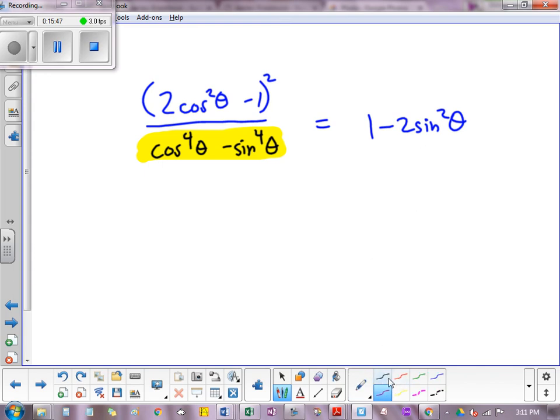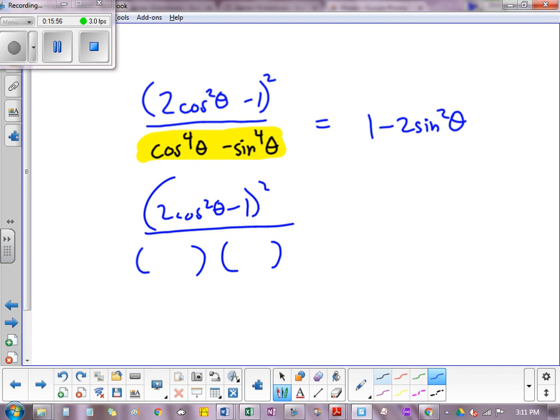Well, if you literally factor the bottom, with parentheses, it's cos squared theta plus sine squared theta times cos squared theta minus sine squared theta. Think about it. This really is cos to the fourth minus sine to the fourth.